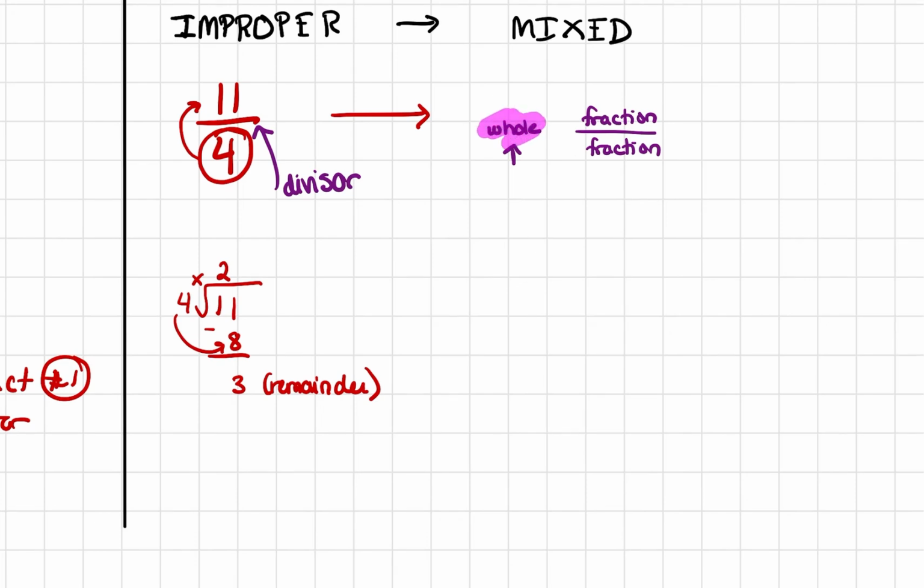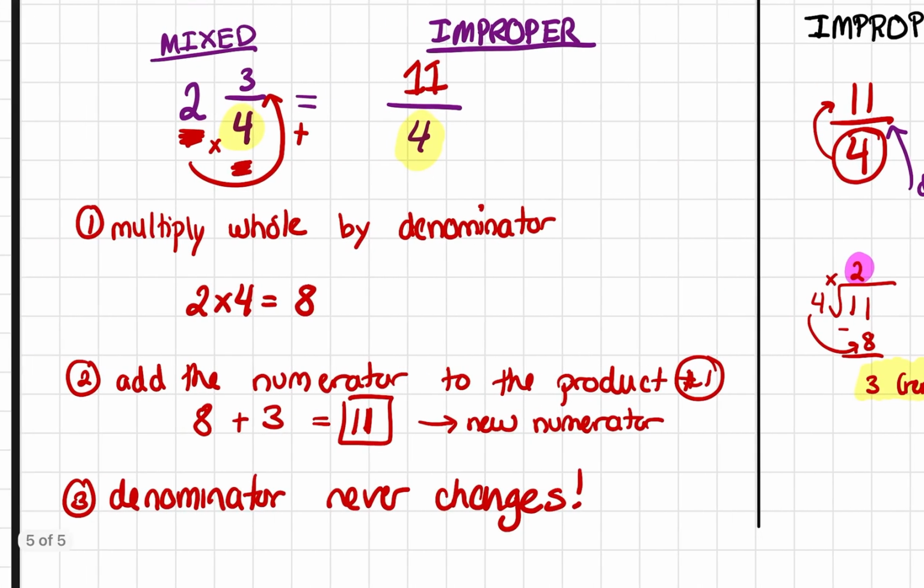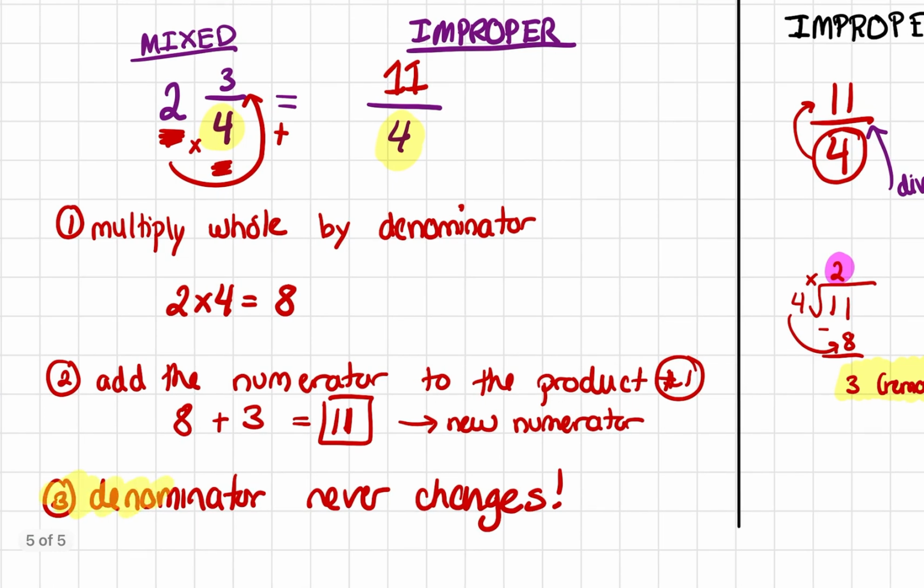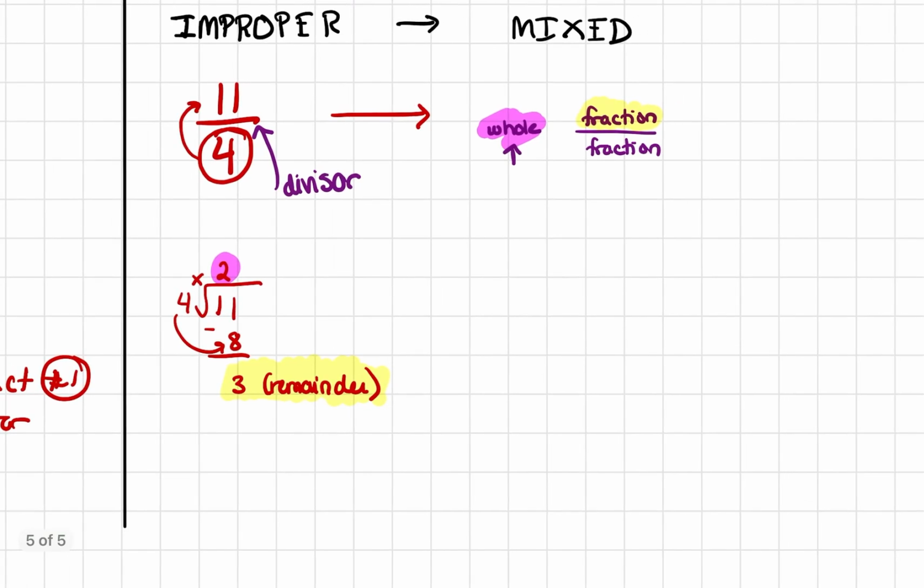We know the whole is 2. 4 went into 11 2 whole times. Now, what is this remainder? This remainder is actually going to be our new numerator. And like in this example here, the denominator never changes, which tells us that if the denominator here was a 4, then the denominator here is also going to be a 4.